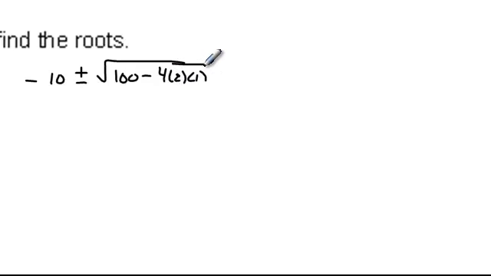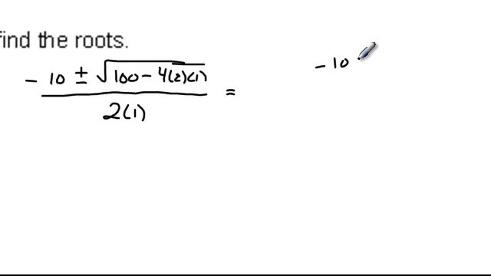We already know that to be 92. And that's all over 2a, which is 2 times 1. That simplifies down into negative 10 plus or minus the square root of 92 divided by 2.